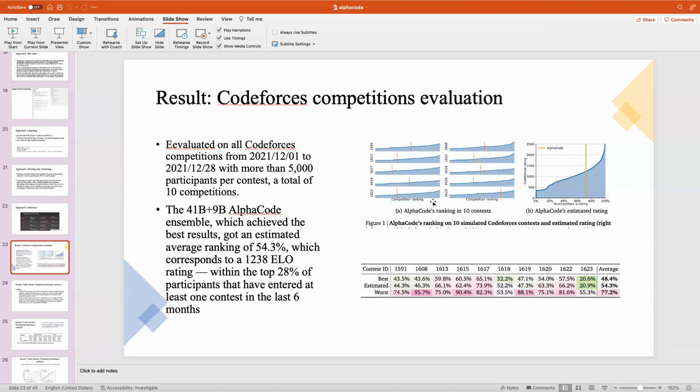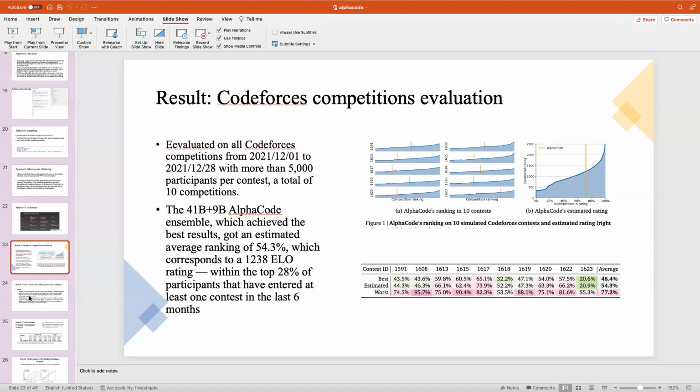And actually, they rank about the top 28% of the participants that have entered at least one contest in the last 6 months. So that's actually pretty impressive. So the model itself could compete with human programmers. And the red is just some ranking analysis of the model.